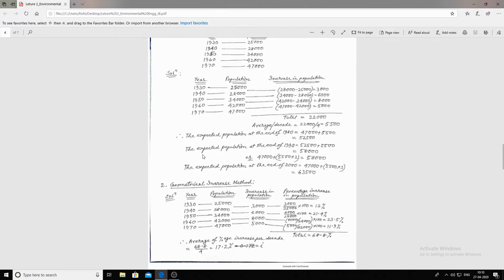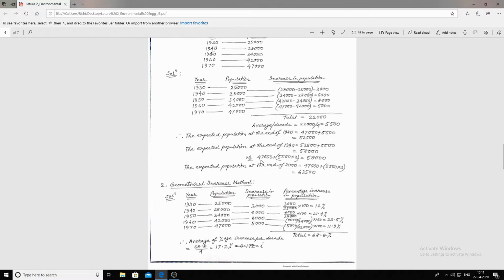52,500. Similarly, the expected population at the end of year 1990 is equal to 52,500 plus 5,500, because 52,500 was the last population in the last decade and 5,500 is the increase in population in 1 decade. That is why the expected population at the end of year 1990 has become 58,000.